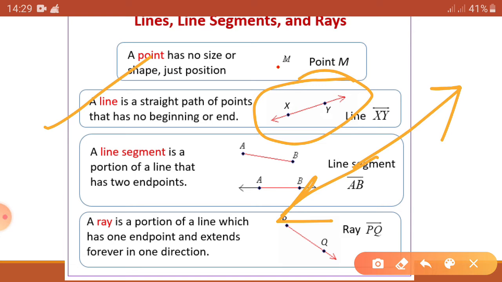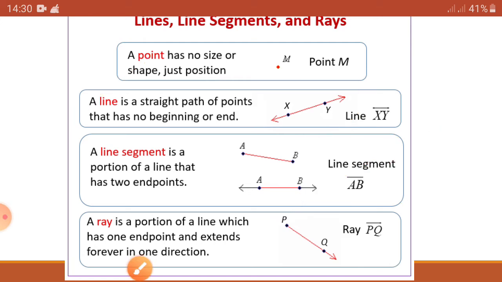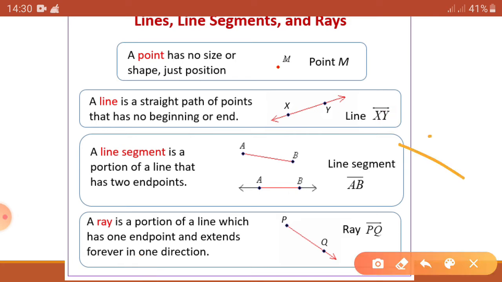So this is known as the line. Here we can say that XY is the line. We have to mention the arrow on both sides on X and Y, that is XY with an arrow on both sides. So that means XY is a line that has no beginning or end.